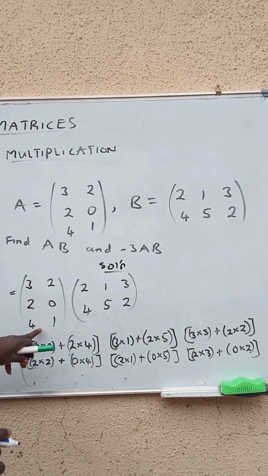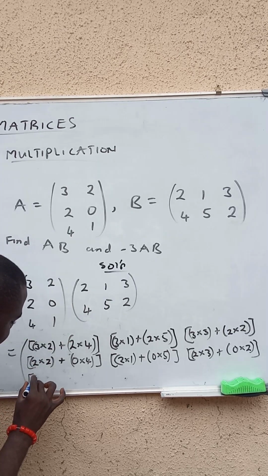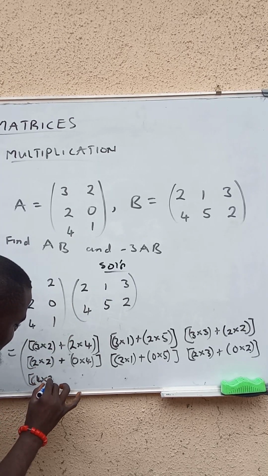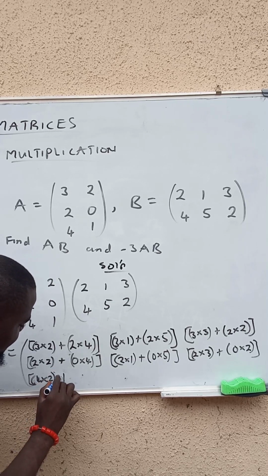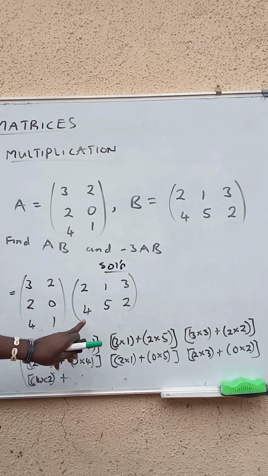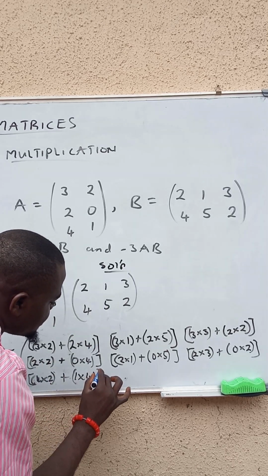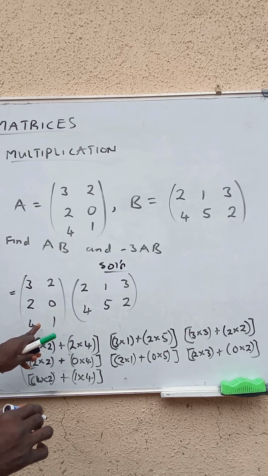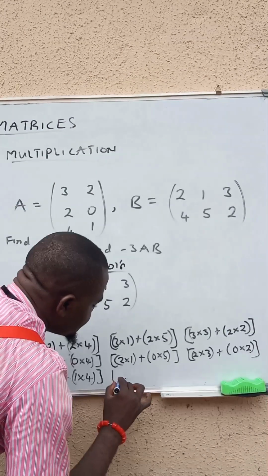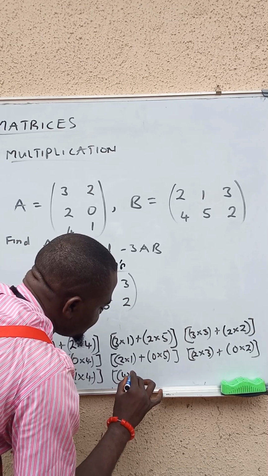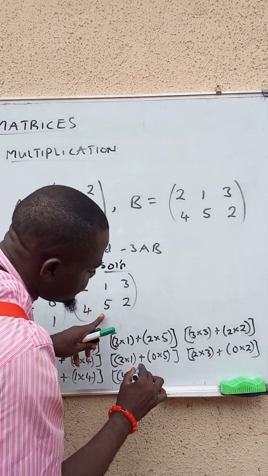Right? Now you take this one, 4 times 2 plus 1 times 4. Then you go again, 4 times 1, 1 times 5.